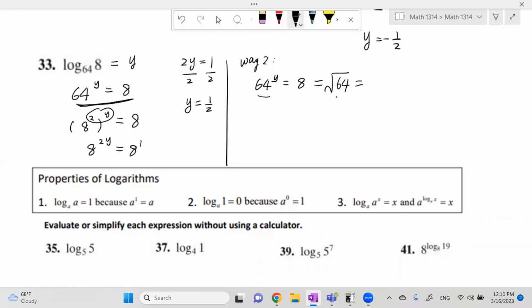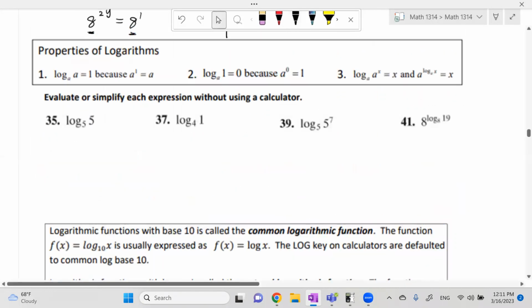Then I can convert the square root of 64 into 64 to the 1/2. They have the same base, so y equals 1/2. In my experience, most of you like the first method because you make the small base 8. You're not making a big base 64. But you can choose either way and get the same solution.